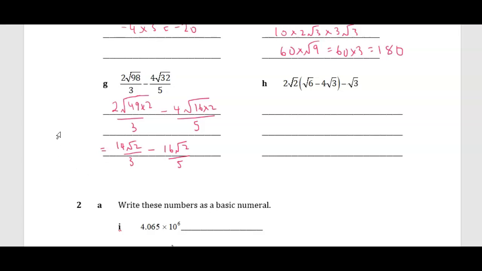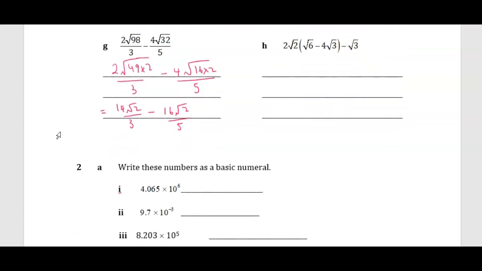Now, you're going to have to put them over the same denominator to do your subtraction. So when we do that, we multiply that by 5 and that by 5, and this by 3 and this by 3.